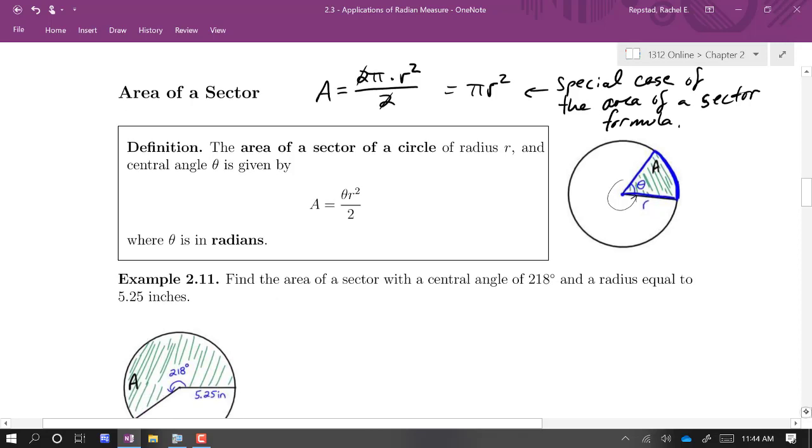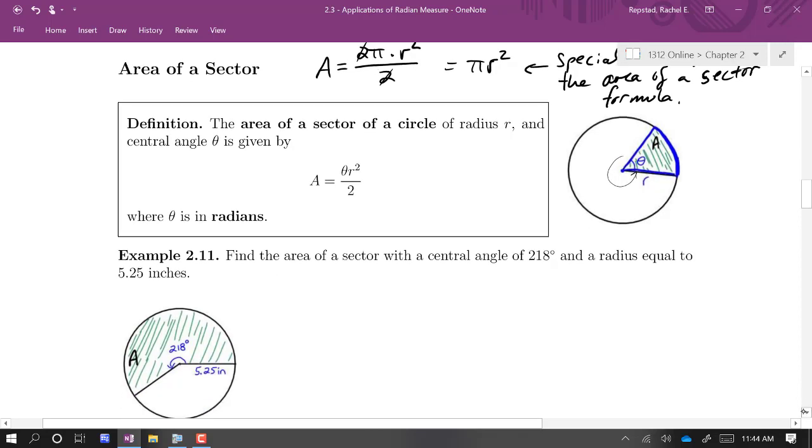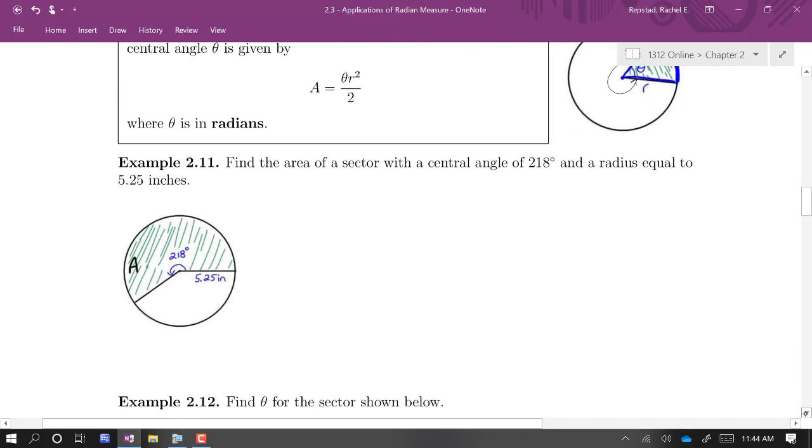Alright, so we're going to do some examples here. In the first example, 211, they want us to find the area of a sector with central angle of 218 degrees and a radius equal to 5.25 inches. They gave us the radius. We need that angle, however, to be in radians. So I'm going to take 218 degrees and convert it to radians, using the fact that there are 180 degrees in pi radians.